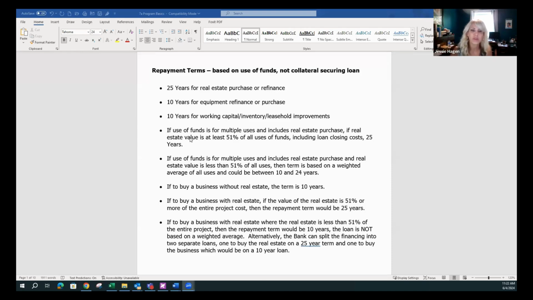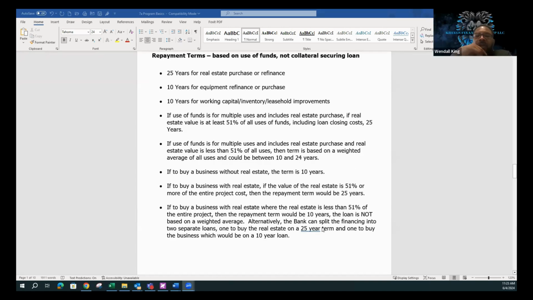If the real estate is over 51%, then you'll get a 25-year loan on the entire thing. If it's less than that 51%, SBA says either it's a 10-year loan, no weighted average, or we can make two separate loans, one for the real estate and one for the other asset. Real estate 25 years.